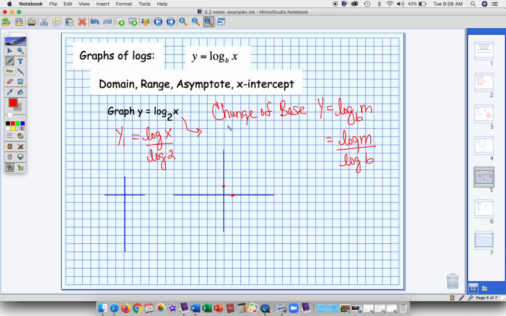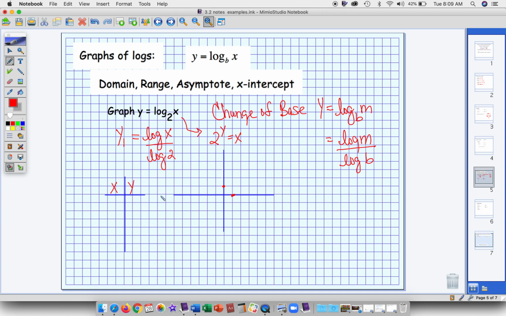So in exponential form, this is my base, right, to my exponent, which is y, equals x.